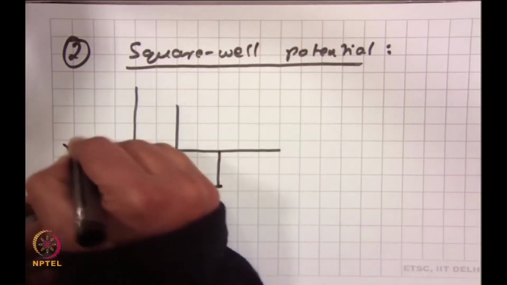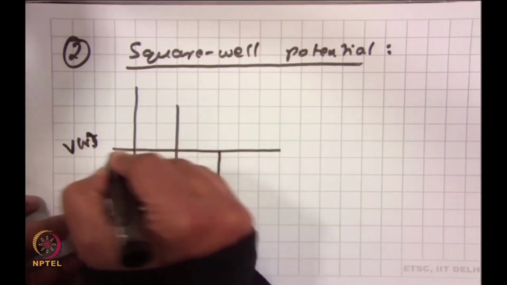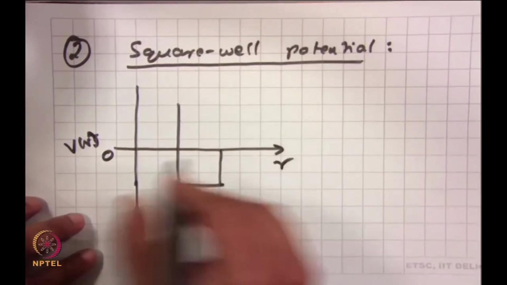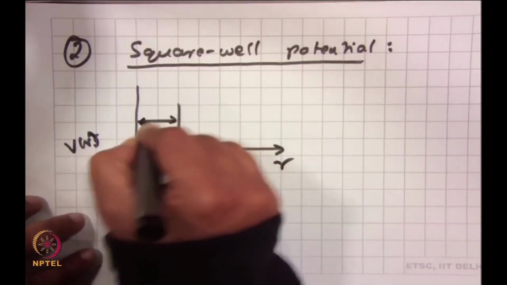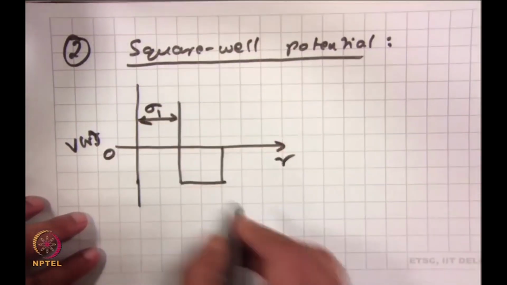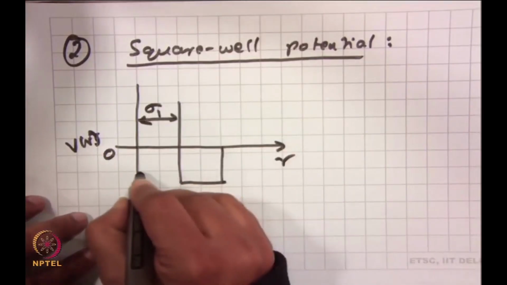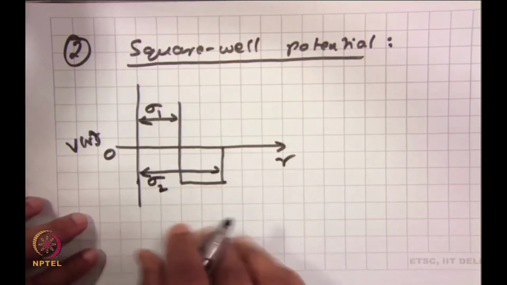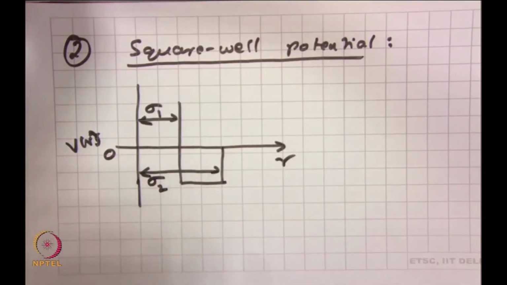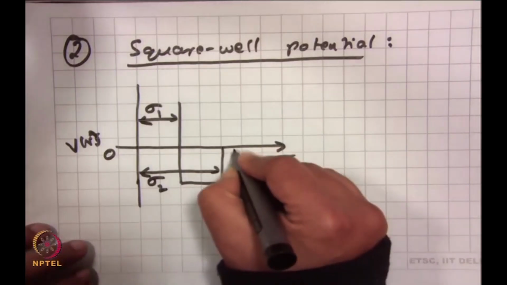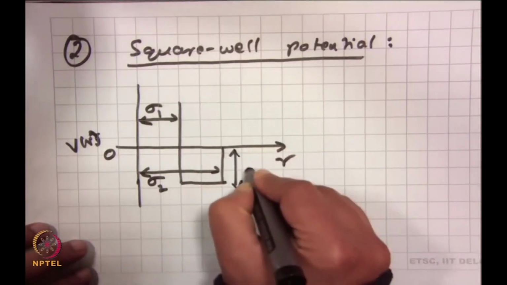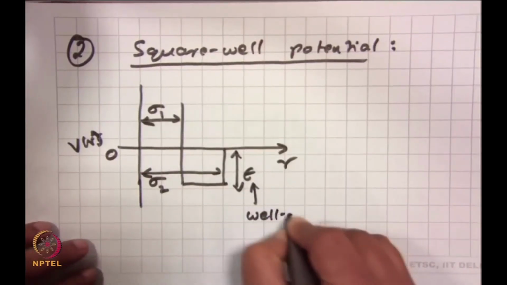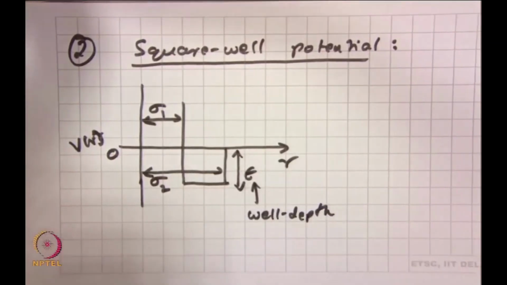Okay. So, this is again V of r, this is 0, this is your r, this is sigma 1, and this is sigma 2. The depth is epsilon. So, epsilon is the well depth.